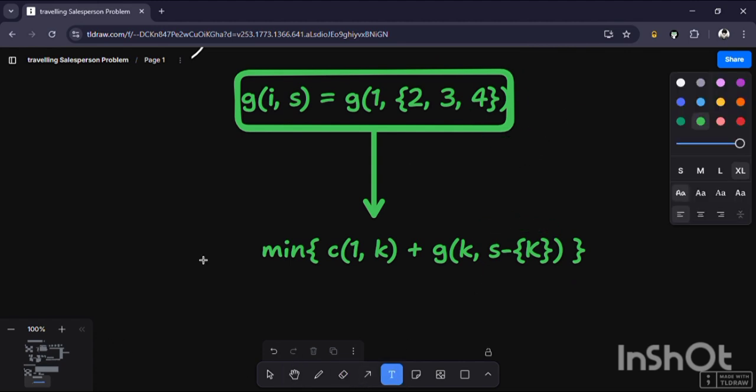Yes. So let me write it properly here. So g of 1 comma 2 comma 3 comma 4.